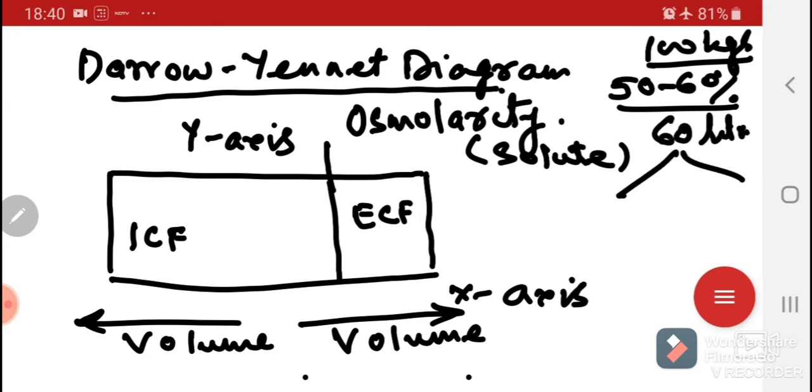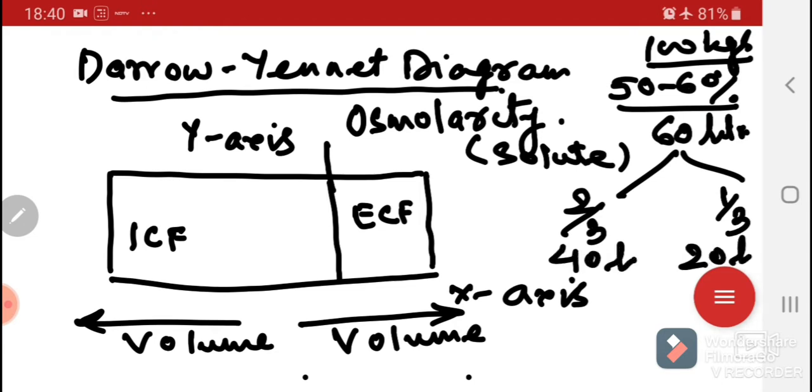And we know that 2/3 of this water is ICF and 1/3 is ECF. So we represent 40 liters of ICF and 20 liters of ECF. This point here will be 40 liters and this point here would be 20 liters, starting.